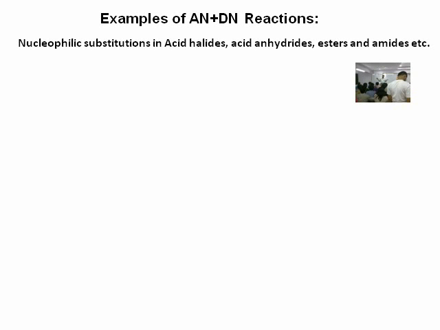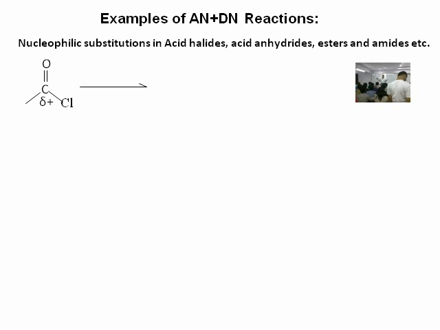Now let us see examples of AN+DN reactions. Well-known examples are nucleophilic substitutions in acid halides, acid anhydrides, esters and amides, etc. This is an acid halide, with a delta positive charge on the carbon.